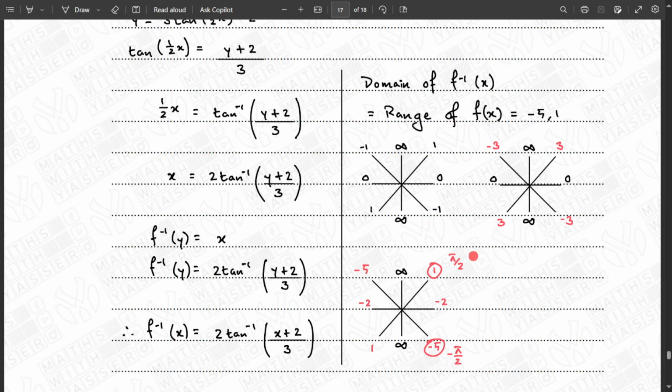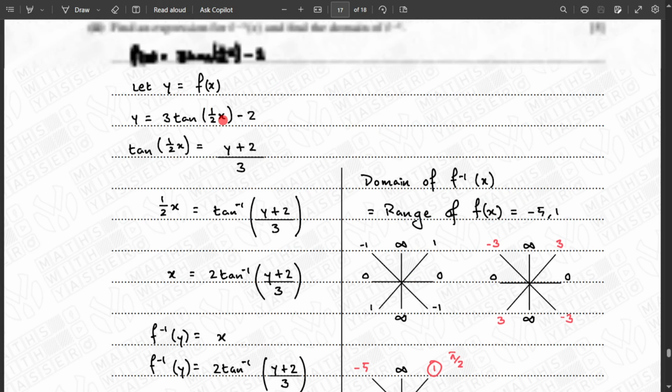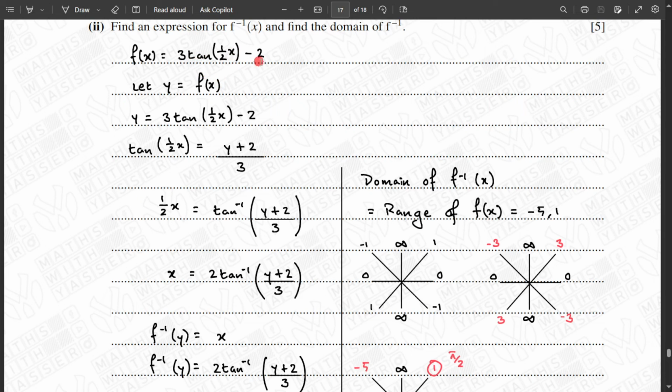Since our limit in the original question was x lies between negative pi by 2 and positive pi by 2, that was the domain, and the range that we get for the domain is -5 and 1. The reason is the equation is 3 tan half x minus 2.